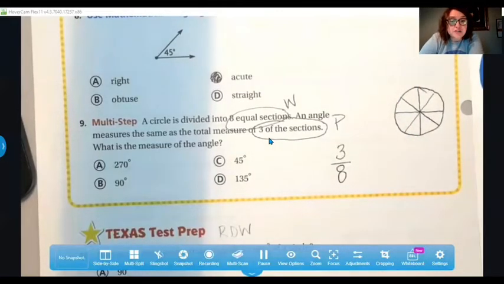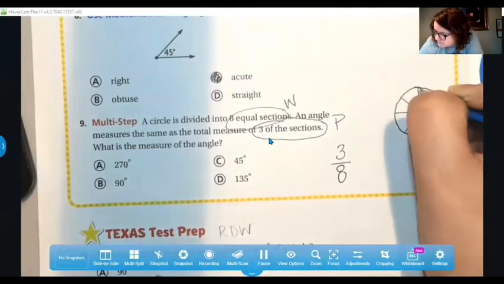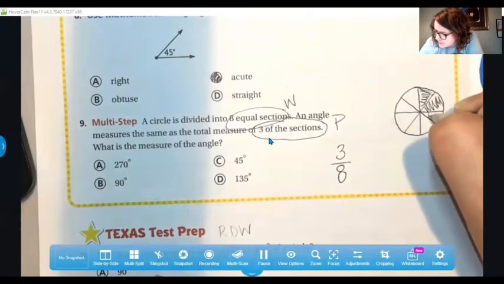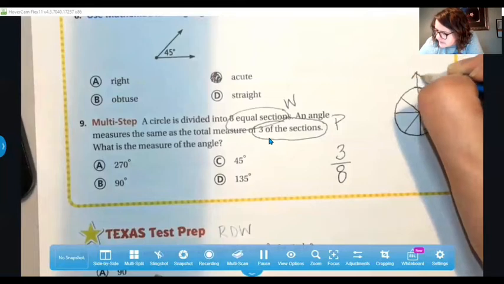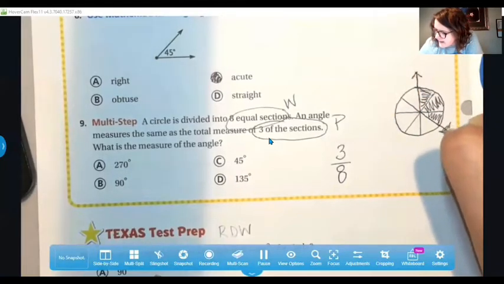An angle measures the same as the total measure of 3 of the sections. So we're looking at what the angle is that measures a total of 3 of the sections. So I'm going to do 1, 2, 3. And to make it clear, I'm going to put my lines out because this is my angle I'm looking at.